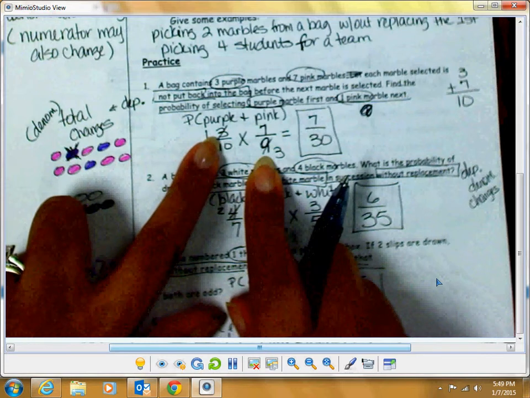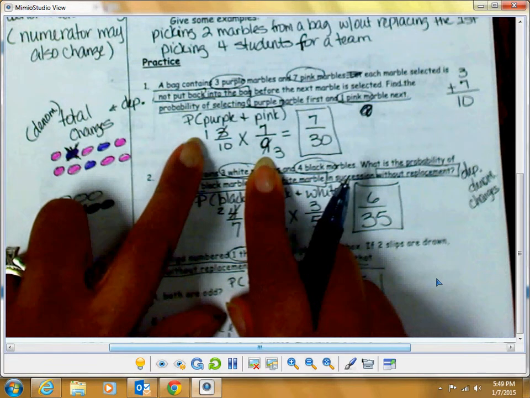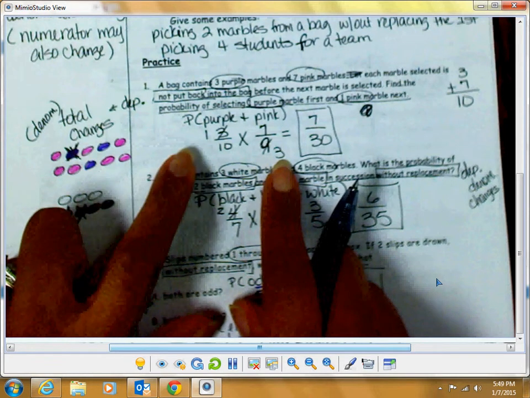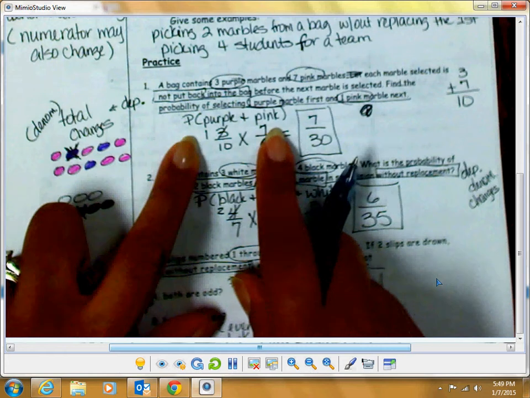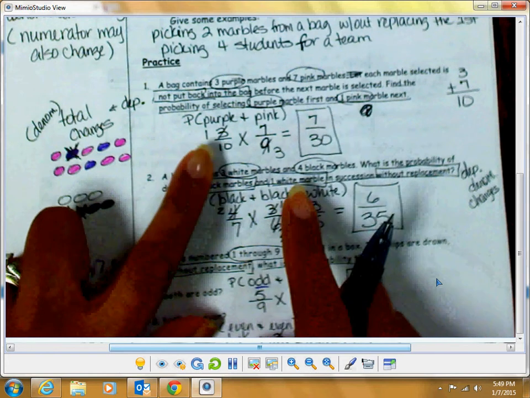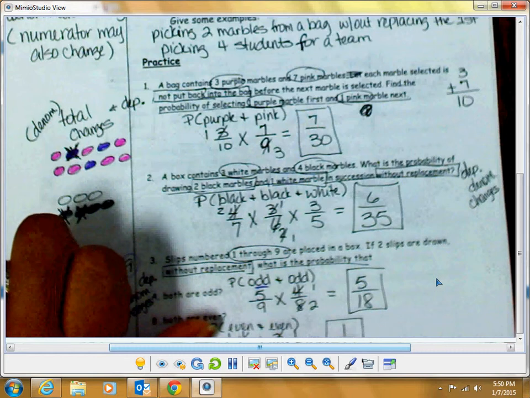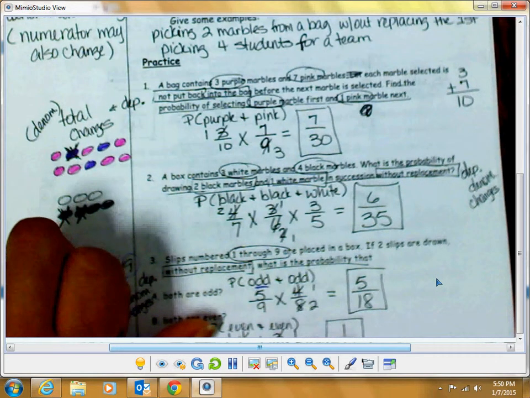So that's why I have a 1 here, because 3 divided by 3 is 1, and 9 divided by 3 gives me this 3. So now I'm actually multiplying this 1 times this 7 to get the 7, and this 10 by this 3 to get the 30. Had you done it the other way, you would have ended up with 21 over 90. Once you divided both of those by 3, you'd still get 7 over 30.